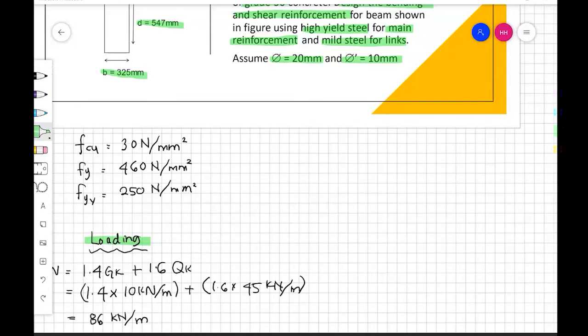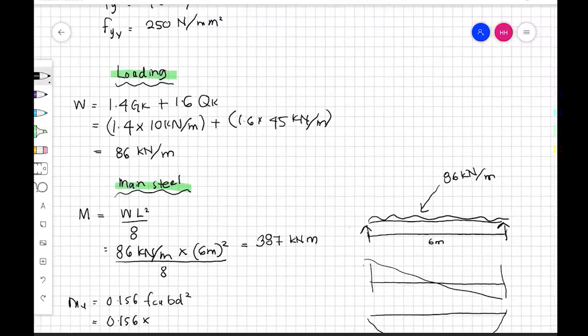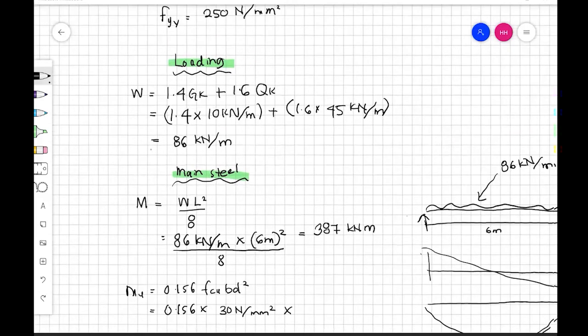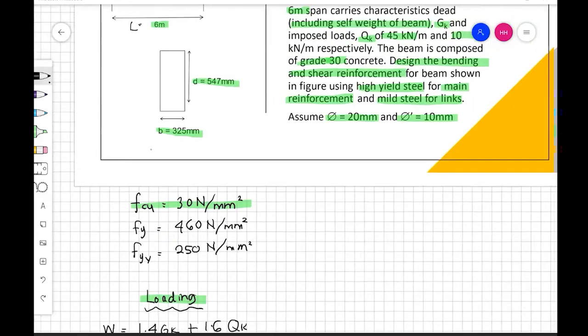So kita just use this value 30, 30 Newton over mm square. And then kita darab with the B. B given in the question, it is 325 and D is 547.